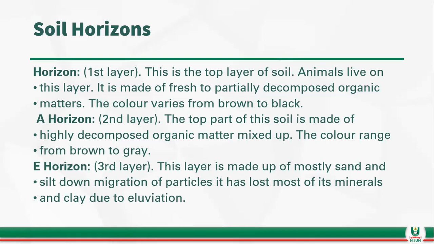I would say that it's usually light in color, and some of the materials in this horizon have been washed off. Because it has been washed off, the horizon becomes somehow light.